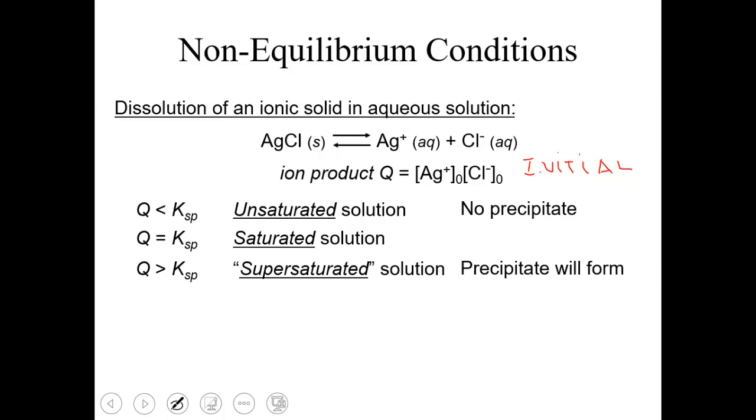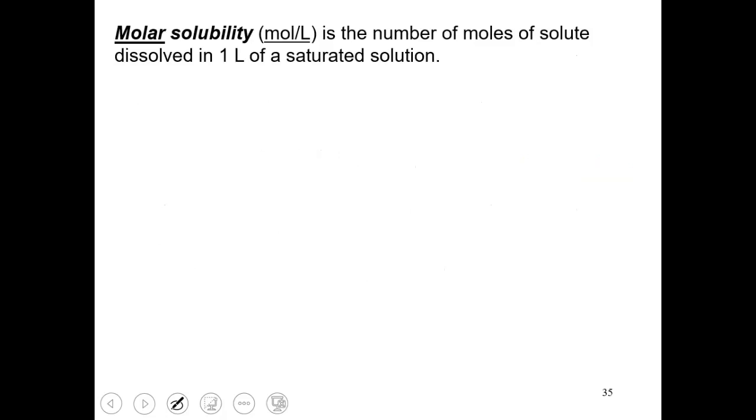Now, just like with other parameters that we study, there are tables that give us values. One of the interesting things is that for solubility, many times if you look in Wikipedia or any kind of other database, what you find sometimes is they don't give you the actual KSP value. What they give you is something called the molar solubility.